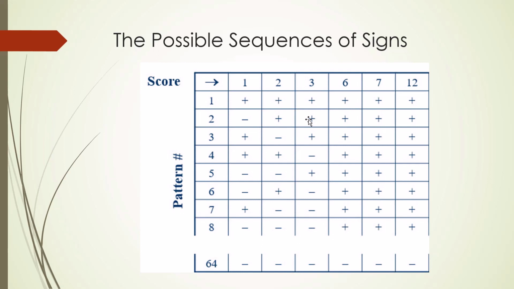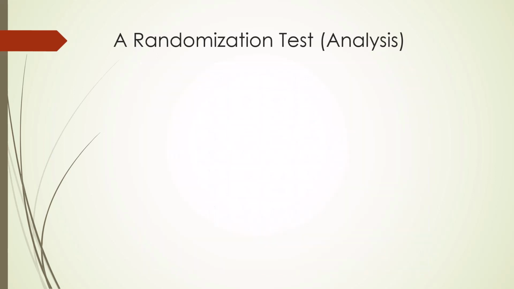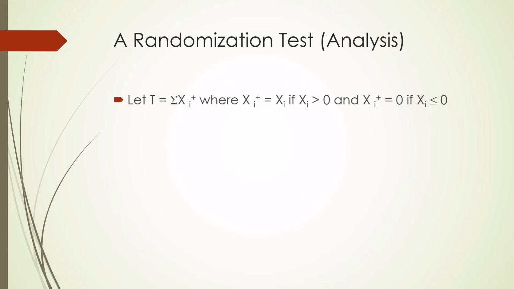Here are the steps we use to analyze the data from this randomization test. Let T equal the sum of xi positive sign, where xi positive sign is simply going to be the score if that score is greater than 0, and xi positive sign is going to equal 0 if the score is negative. In other words, let T be the sum of our positive scores.